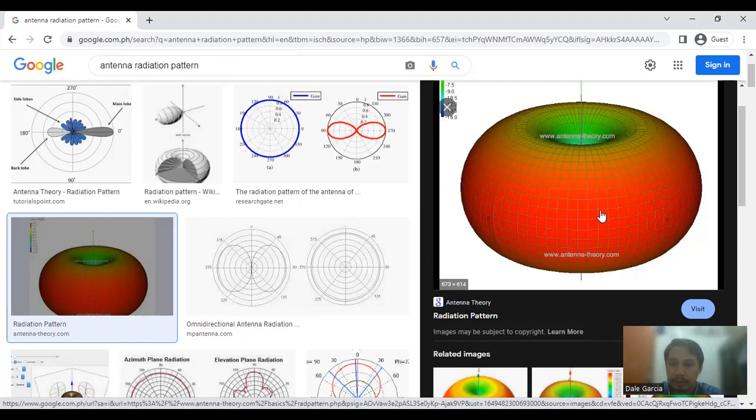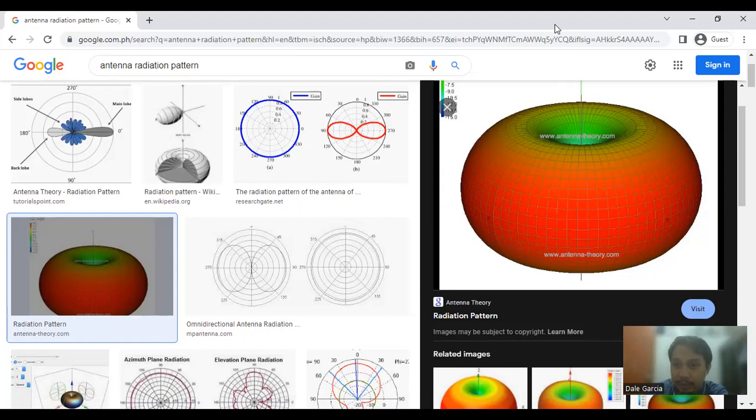So this one in our visual right now is the radiation pattern of an antenna close enough to the ideal, the isotropic antenna.